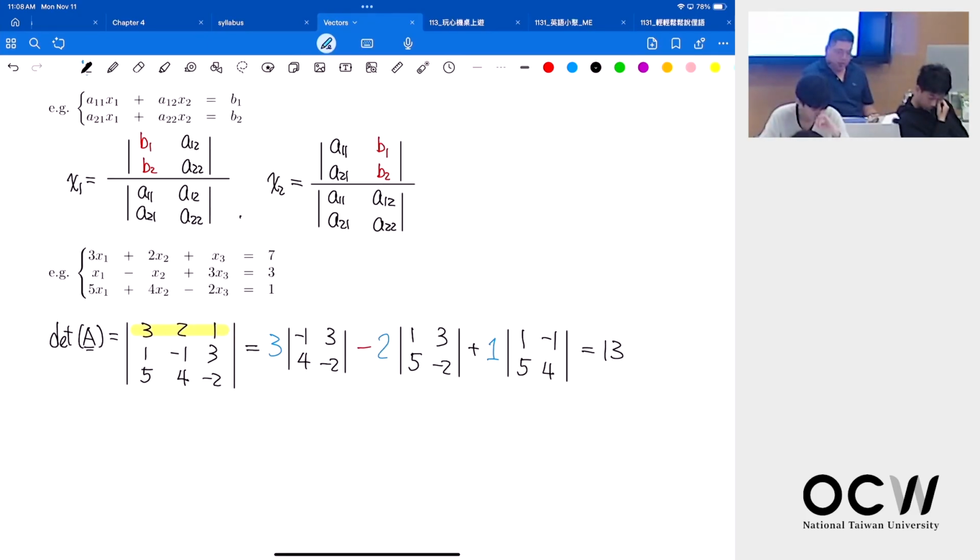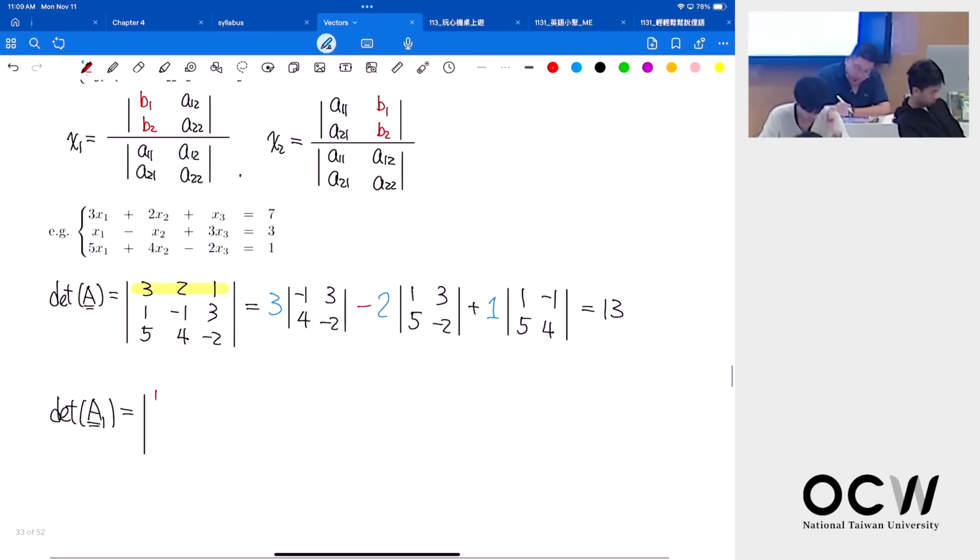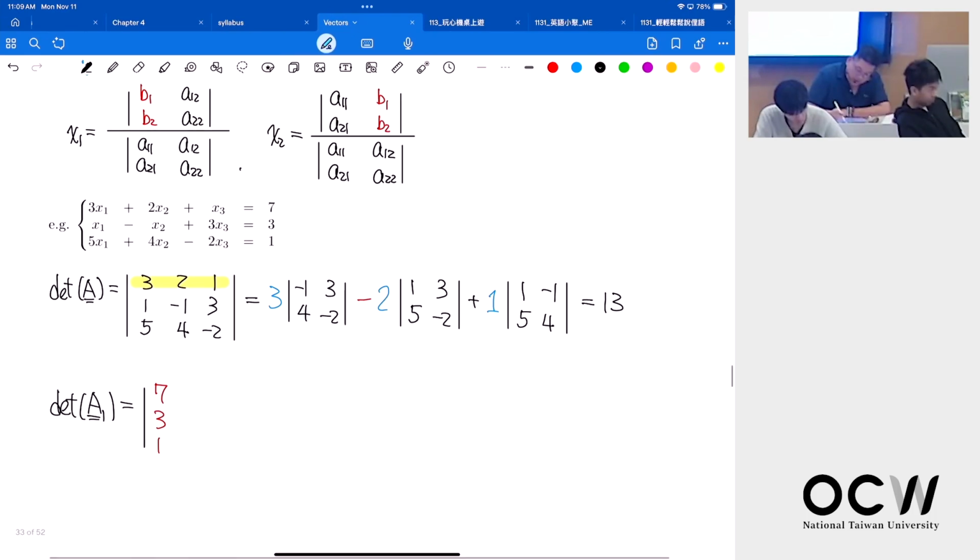Now for x1, we need the determinant A1. A1 means the first column, I will replace with B, the first column. So the B is 7, 3, 1. And the rest will be the same.